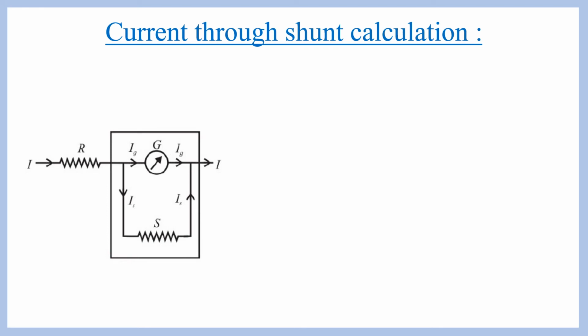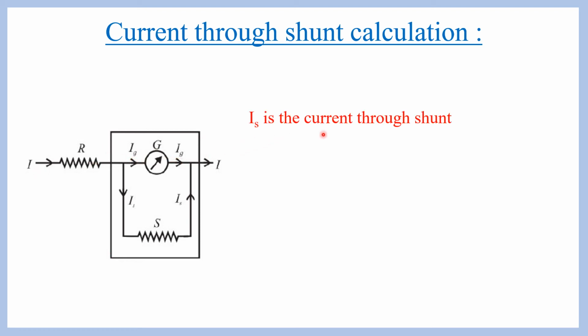Now we will try to find out the current that is flowing through the shunt, that is represented by Is. Is represents the current through the shunt. Now how will we do the calculation? You know that I is equal to Ig plus Is. So in the place of Is we can write it as I minus Ig, or in the place of Ig we can write it as I minus Is.